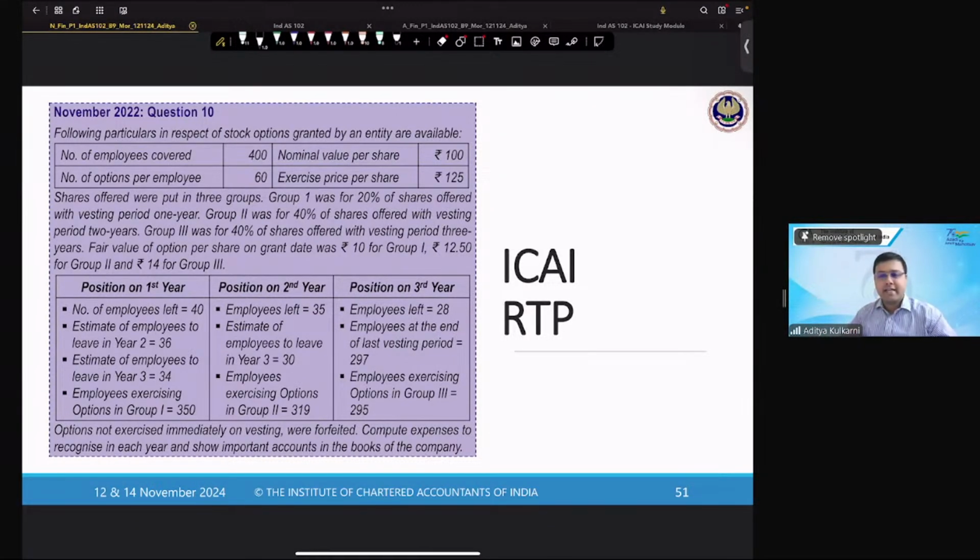I'll take a 10-minute break. We will pick up this question after the break and close it. There is graded vesting, 20% in year 1, 40% in year 2, and 40% in year 3. Take a 10-minute break, please.